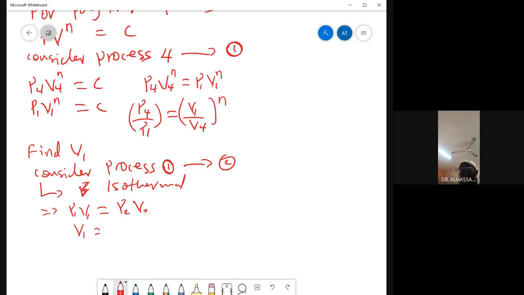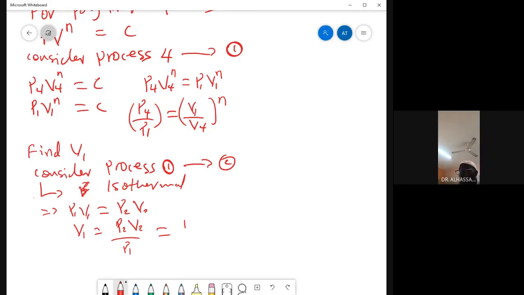So V1 equals P2 V2 divided by P1. So P1 is 415 and P2 is 115.